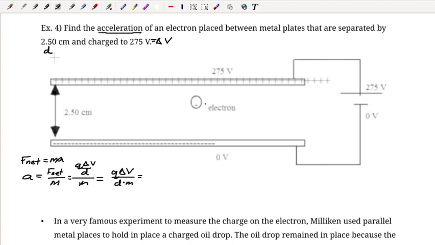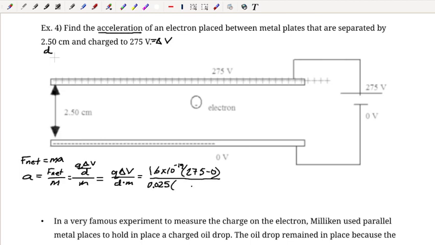So Q is the Q of the electron, and we're talking forces. Force is a vector, so we aren't going to put the negative in. We're just going to put 1.6 times 10 to the minus 19. My delta V is my 275 volts minus the 0 volts. My distance that I'm separated is 2.5 centimeters, which is 0.025 meters.